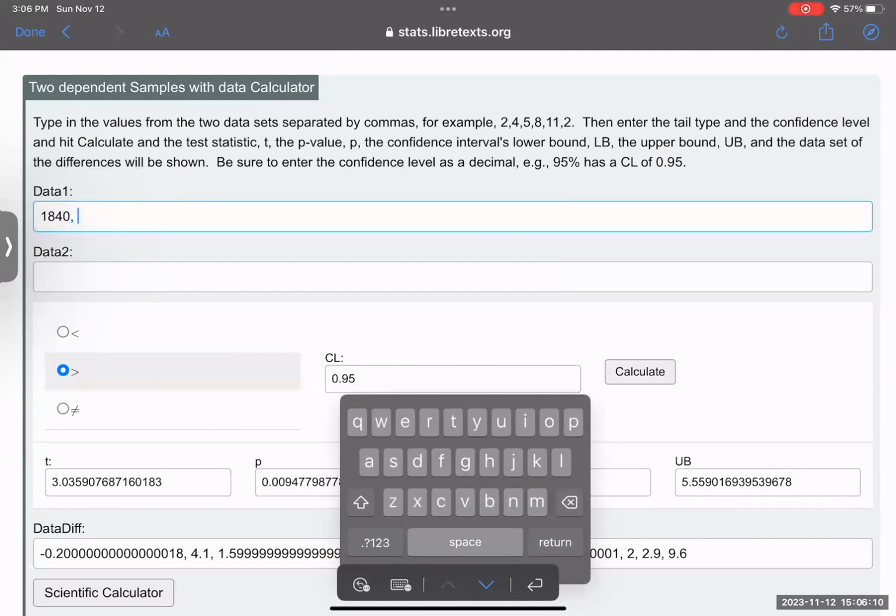1840, comma, 1960, comma, 1920, comma, 2150.